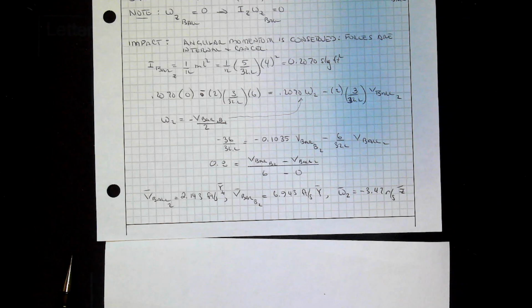Then we would do r cross v. Picture here's r going from here to there, and we'd take our right hand, which is kind of hard to show. Our right hand would go out this way, and then we'd roll it in the direction of the velocity. Bottom line, we're going to get a negative z.